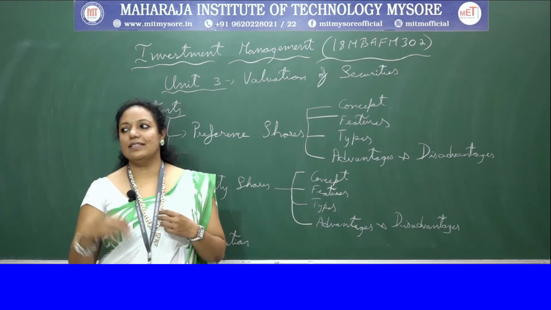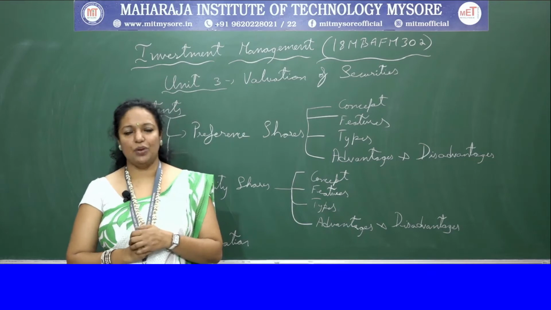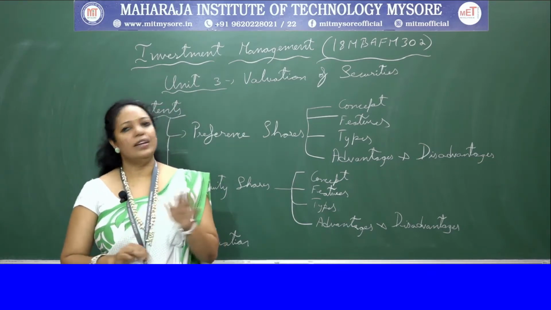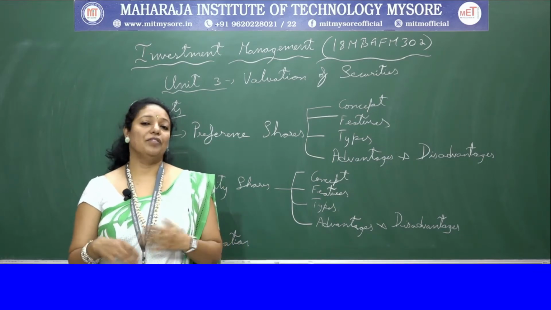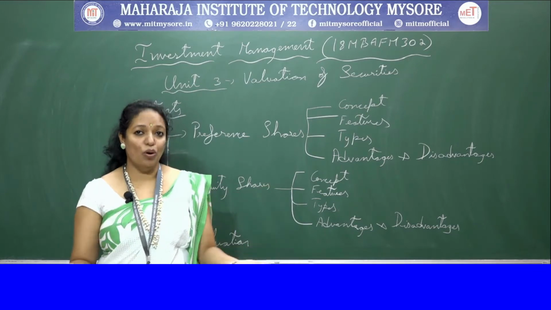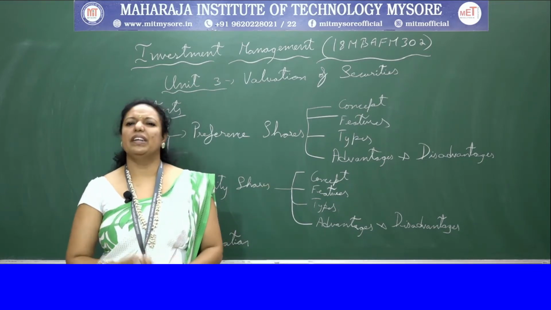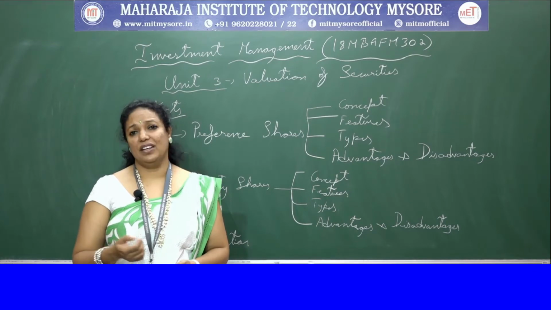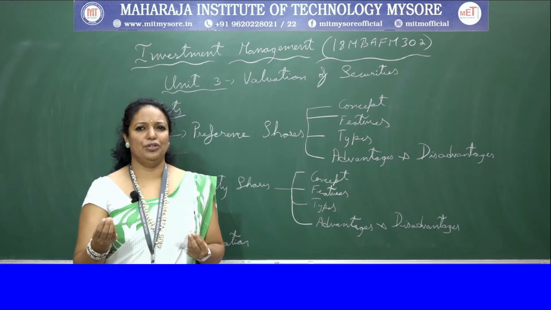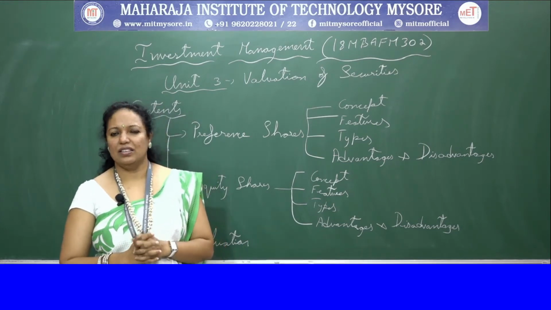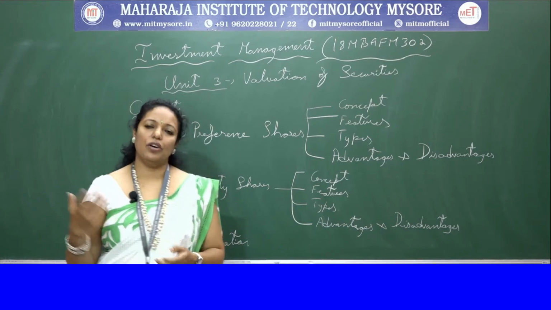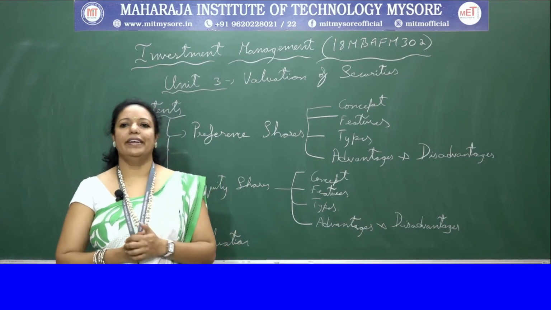As it is apportioned among the equity shareholders, the percentage of dividend paid is not fixed. If you have higher profits, it is very beneficial, you can distribute more and get more dividend. But if there is less profit, you have to pay everyone else first, and you get the remaining smaller amount. That is the appropriation of profit in the form of dividend.